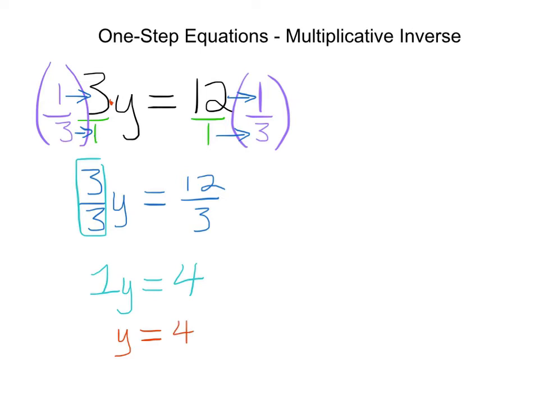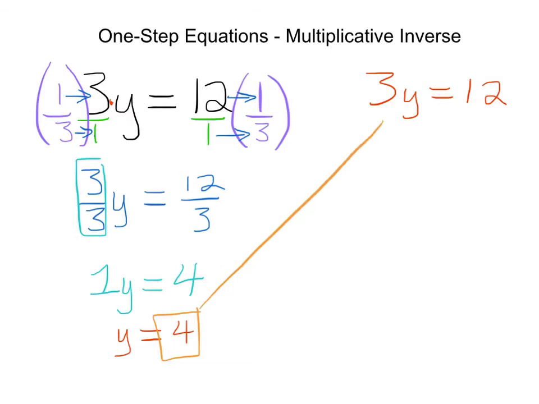And if I wanted to check and make sure my work is correct, which is a fabulous idea, you should all do that every single time you solve a problem, I would just take 3y equals 12. I'll rewrite it up here again just to make it a little clearer. And I'm going to substitute in my answer that I just got right down here. Okay, it says that y equals 4, so I'm going to put that in for y in my equation.